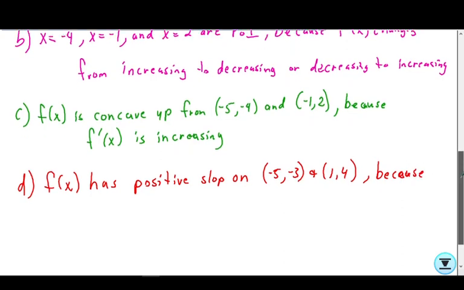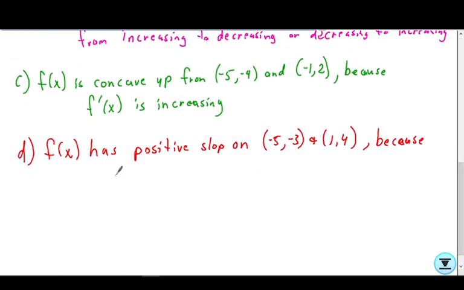Because f prime of x is positive there. Or you could have said that f prime of x is greater than 0. Either one would be acceptable. You could say that this is positive, or you could say greater than 0, because greater than 0 is positive.